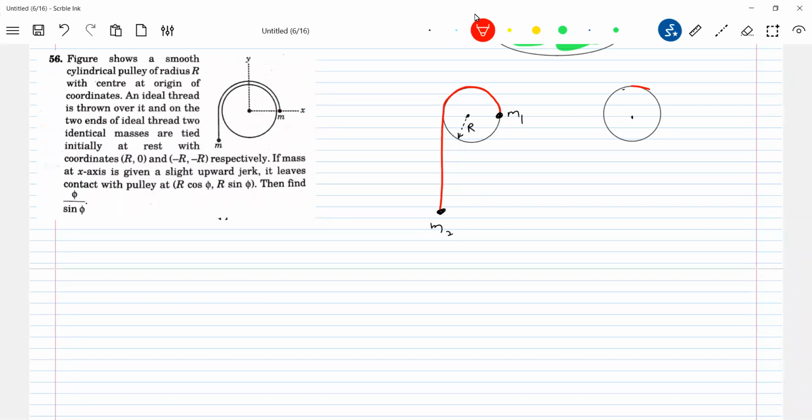Let me take this position. Okay, here I'm assuming that it's going to leave. So let this angle be phi.